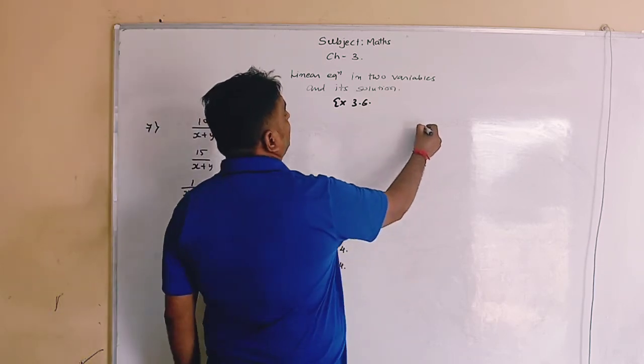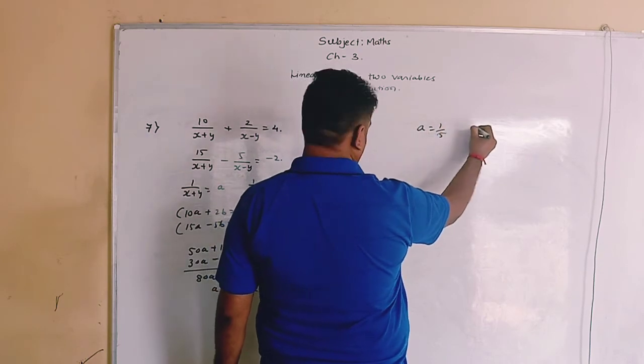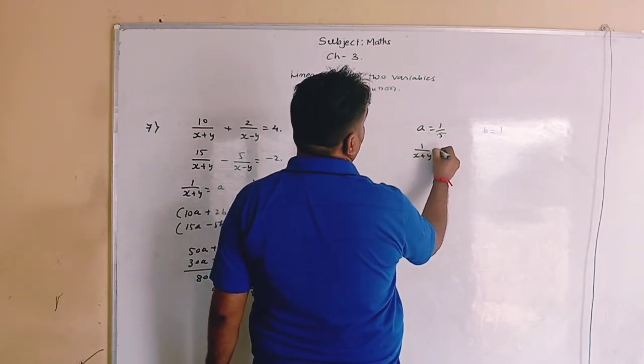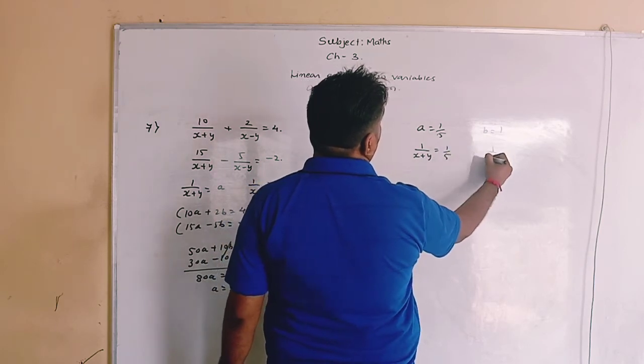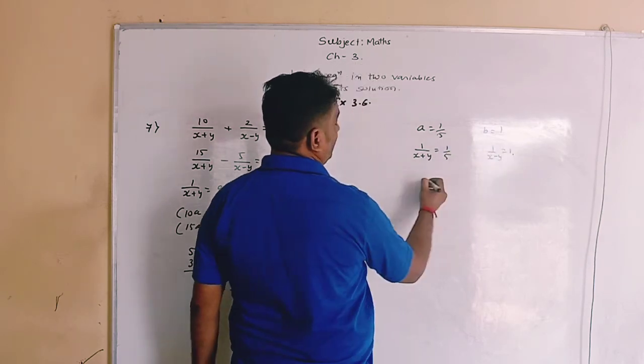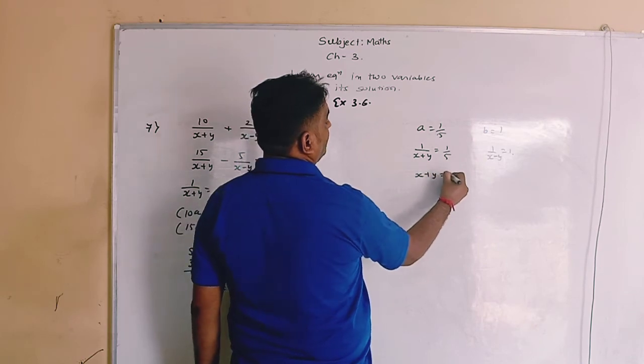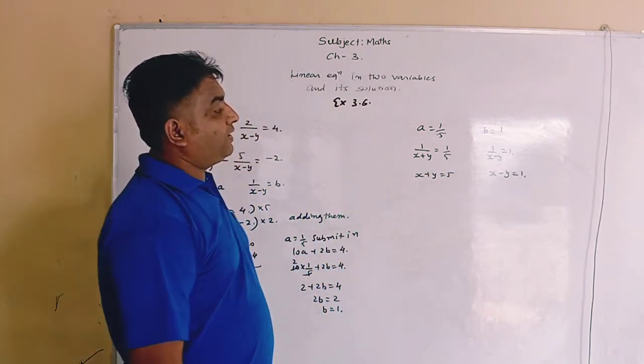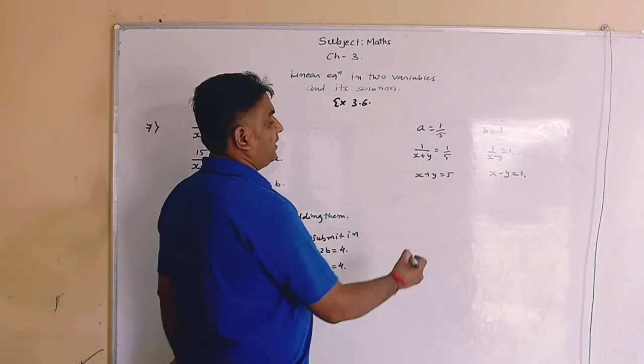Now a equals 1 by 5 and b equals 1. So 1 by x plus y equals 1 by 5 and 1 by x minus y equals 1. So x plus y equals 5, x minus y equals 1. So again to find x and y, we eliminate them.